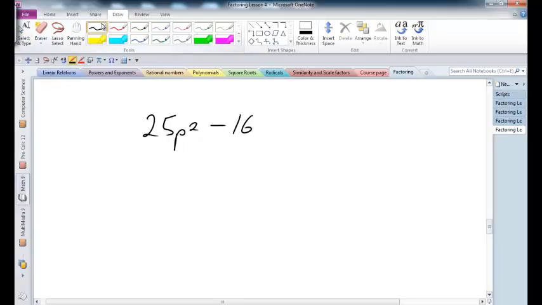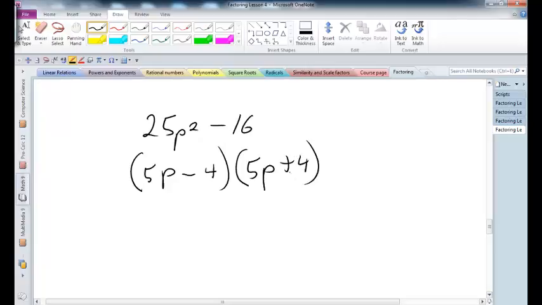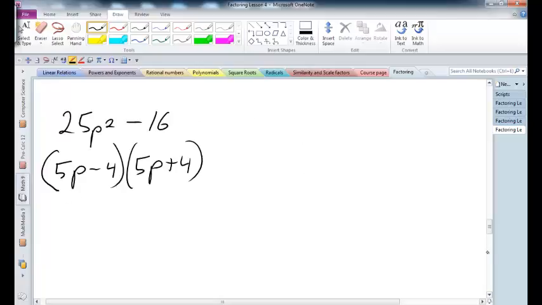Here we have the difference of two perfect squares. All we have to do is square root the two of them, 5p and 4, and then write our two binomials like this, (5p - 4)(5p + 4). As always, we can check. Let's distribute it out.